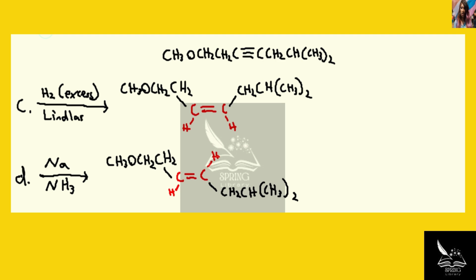And so that's what we have here for D. The product is the trans alkene from the reduction of the alkyne. And again, that's because a dissolving metal reduction gives us a trans alkene product. And so that's what we have.